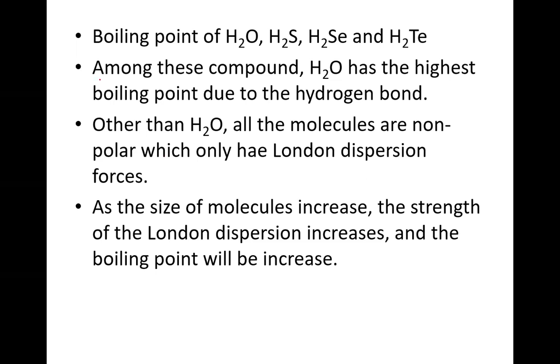So if you need to arrange the boiling points of these molecules, water, hydrogen sulfide, hydrogen selenide, and hydrogen telluride, the lowest boiling point is H2S, hydrogen sulfide, followed by hydrogen selenide, hydrogen telluride, and water.